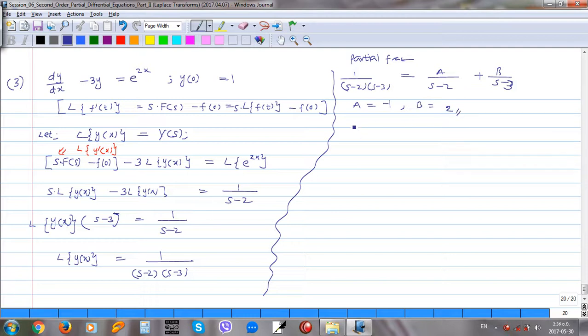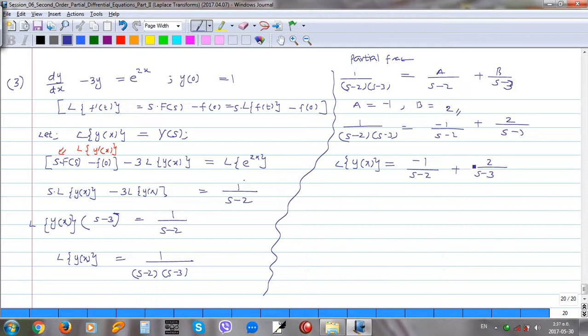So 1 over s minus 2 times s minus 3 equals minus 1 over s minus 2 plus 2 over s minus 3. Therefore L of y of x equals minus 1 over s minus 2 plus 2 over s minus 3.